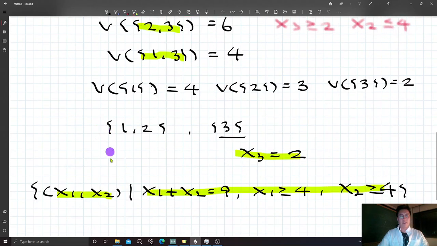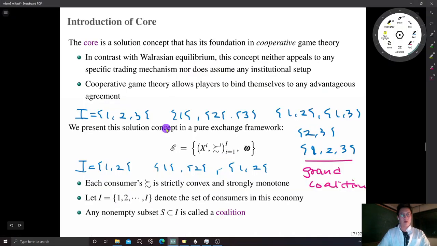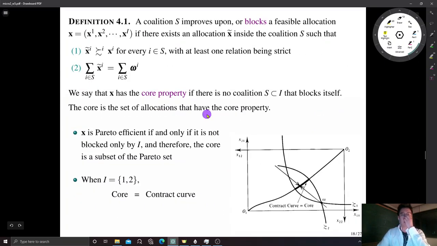So by examining these issues, we can examine each player's cooperative incentive. For players 1 and 2, the cooperative motive, the incentive to make a team, is the highest, right? Okay, so now let me define the core with this coalition.